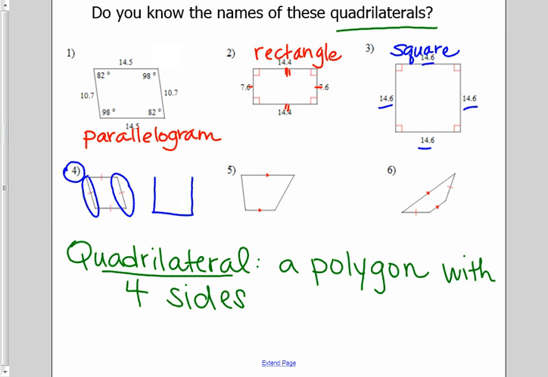Straight horizontal or straight vertical. My drawing wasn't very good there. But these two slanted lines right here actually cause it to not be a square. This is known as a rhombus. So a rhombus is similar to a square, except it's sort of like a slanted square if you look at it.